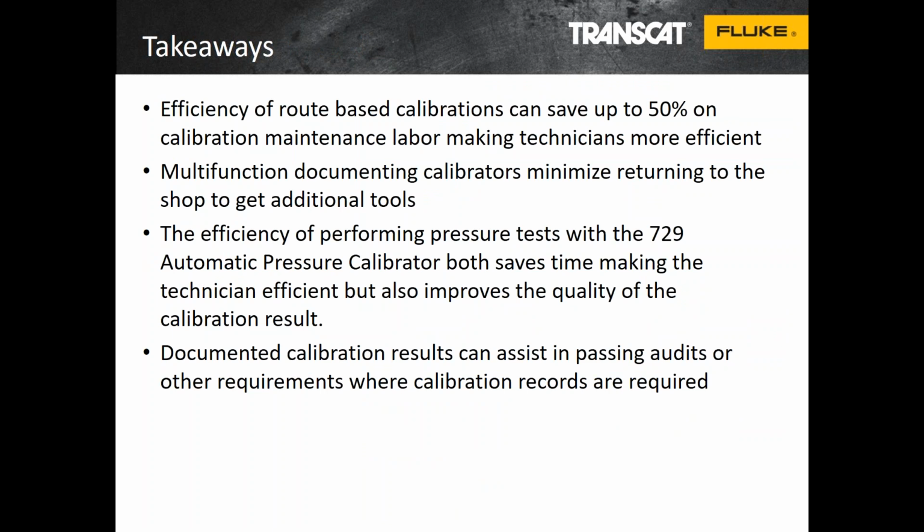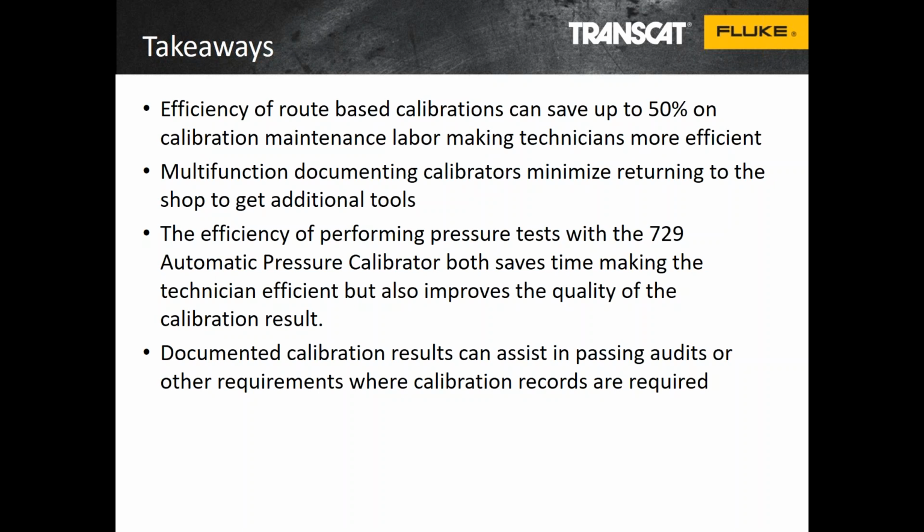One of the takeaways is that the efficiency of route-based calibrations using documenting calibration and calibration management software can save up to 50% on calibration maintenance labor, making technicians more efficient. Having the technician armed with a calibrator with a calibration route makes the technician in the field much more efficient than returning to the shop after each calibration is performed.